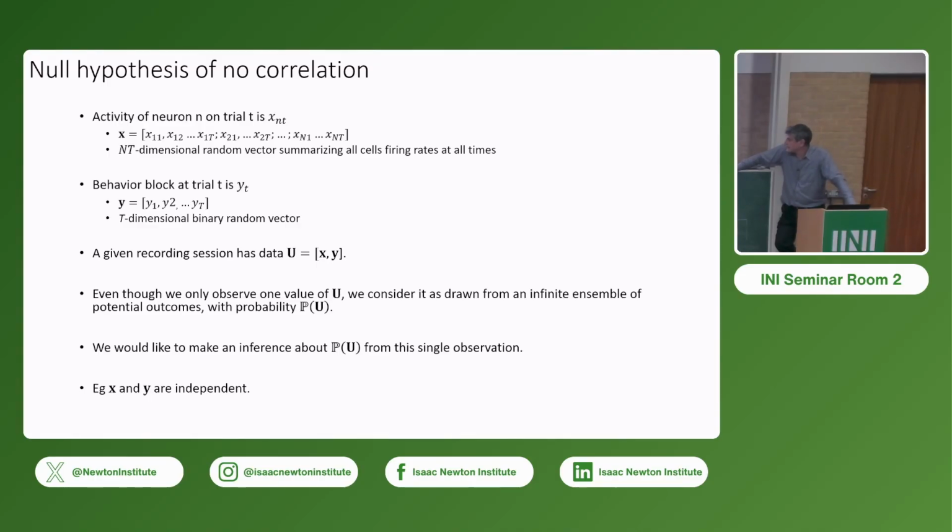Okay, so two answers. The first is, if we can even get a valid measure of correlation without claiming causality, then we'd be quite happy. Asking whether the neural activity correlates with the choice, independent of whether it causes it, isn't even easy to ask validly, because they're both autocorrelated time series.